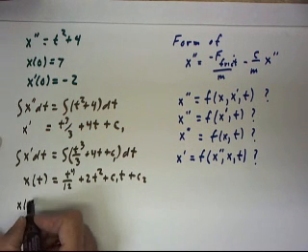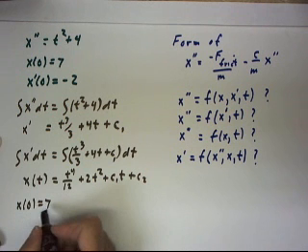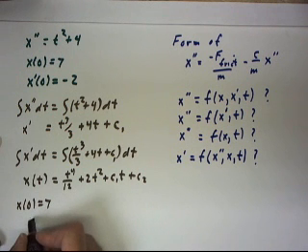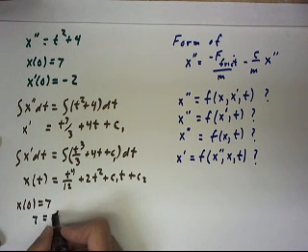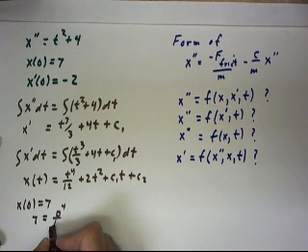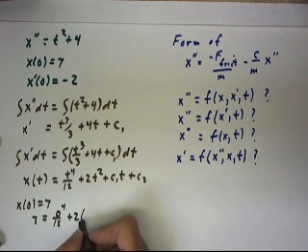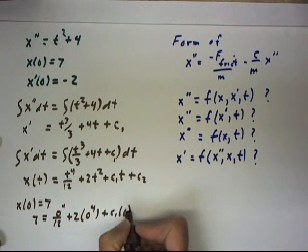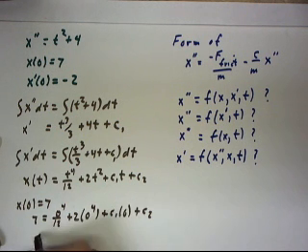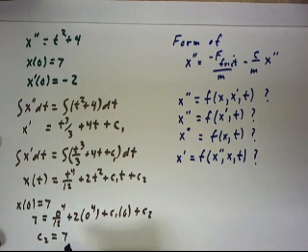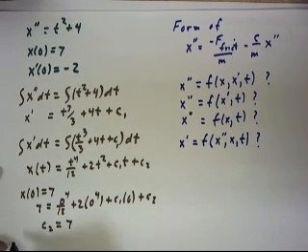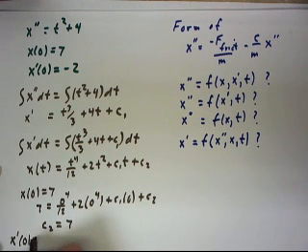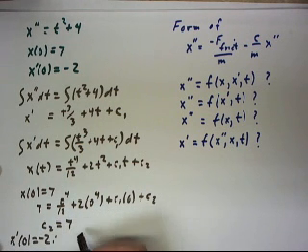Applying the condition x of 0 equals 7, we get 7 equals 0 to the 4th over 12 plus 2 times 0 squared plus c1 times 0 plus c2, so that c2 equals 7. x prime of 0 equals negative 2 gives us the equation.